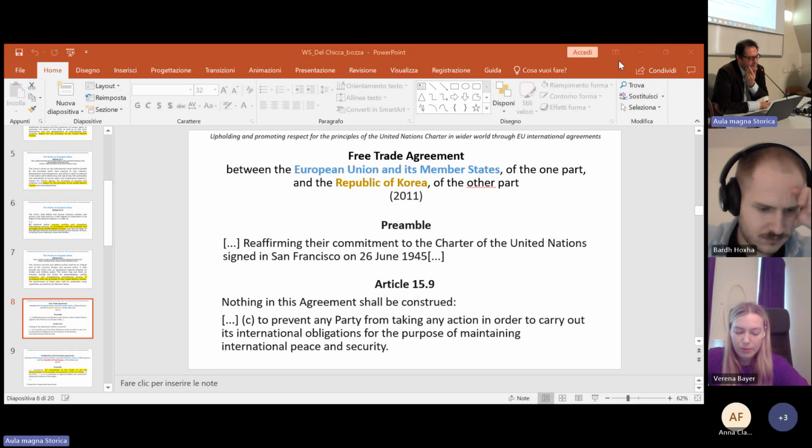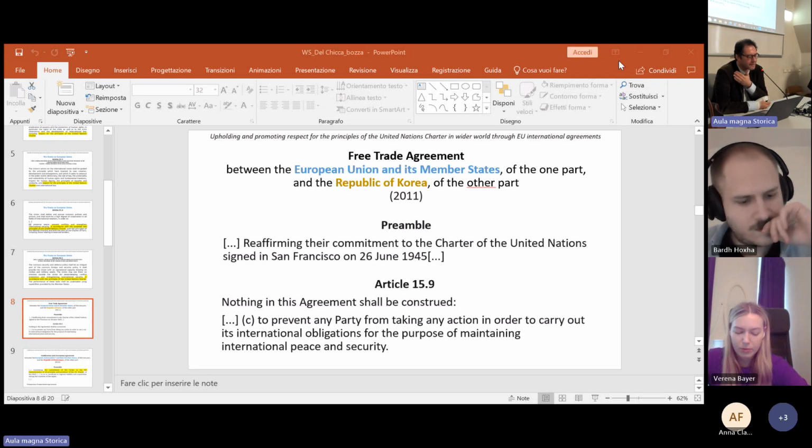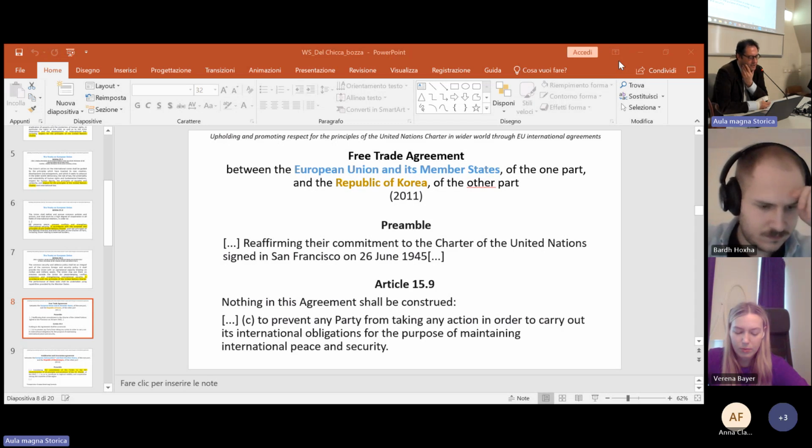Okay? And at Article 15.9, we can find that nothing in this agreement shall be construed to prevent any party from taking any action in order to carry out its international obligation for the purpose of maintaining international peace and security. We have here no explicit recalling of the principles of the United Nations, but we find the principles of the United Nations Charter. It is evident.